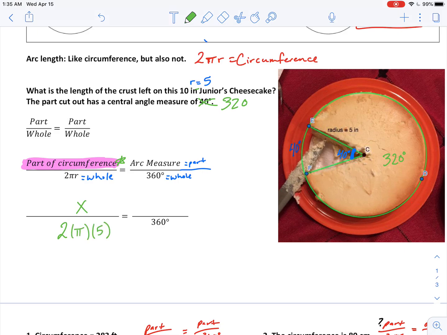I don't know that yet, so I'll give that x. 2 pi r, well, I can substitute in my radius up here. So I can say 2 times pi times the radius of 5. And that arc measure that we wanted was 320 degrees.